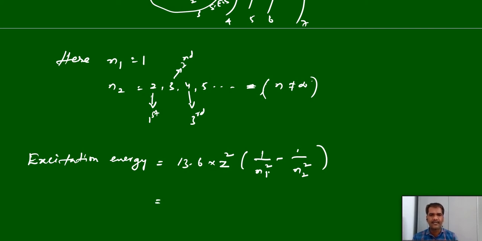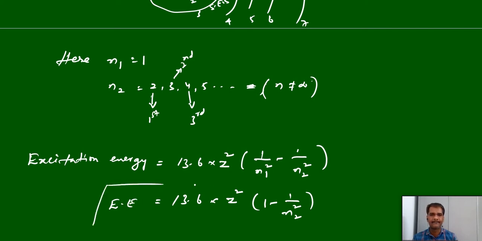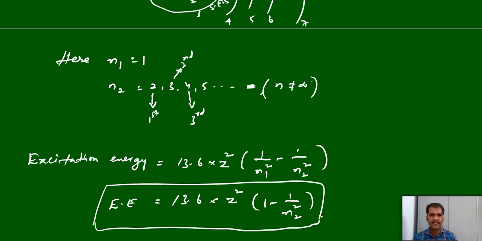Here n1 is always 1, but n2 is a variable. n1 is a fixed value, n2 is a variable. So 13.6 Z square (1 by 1 square minus 1 by n2 square), and this is the excitation energy E for any atom.